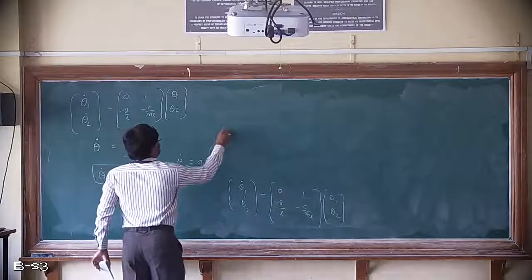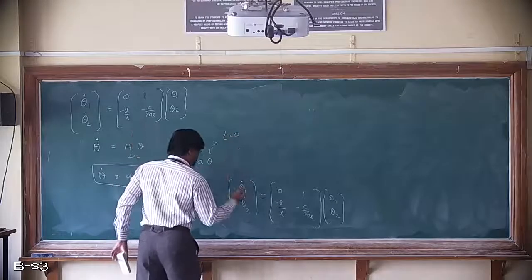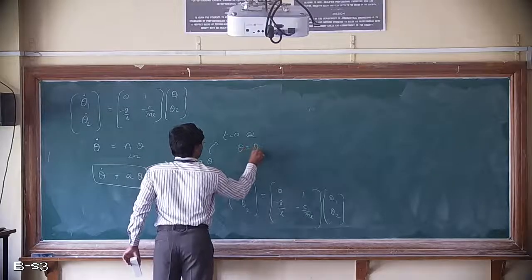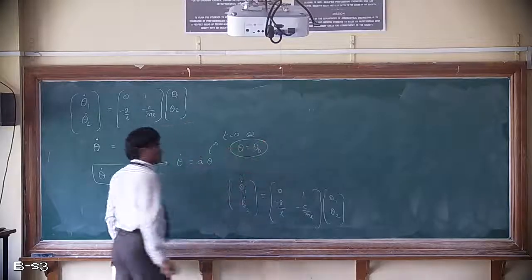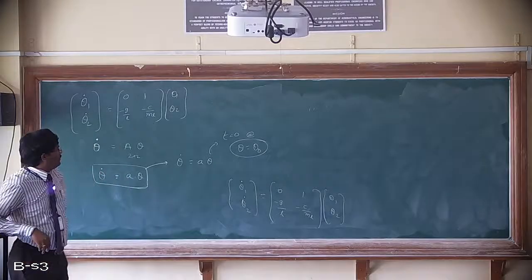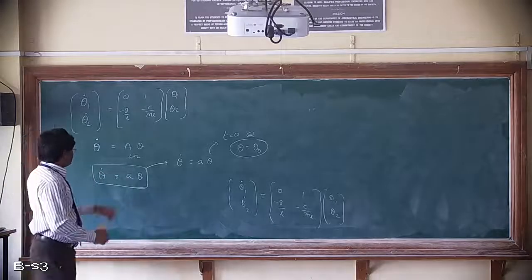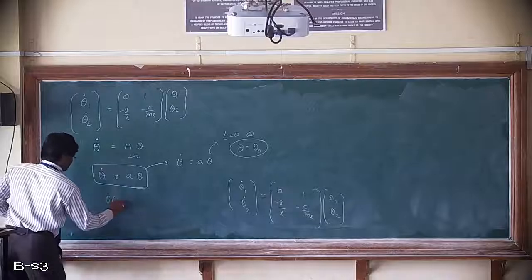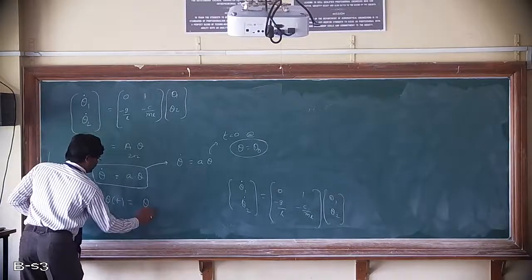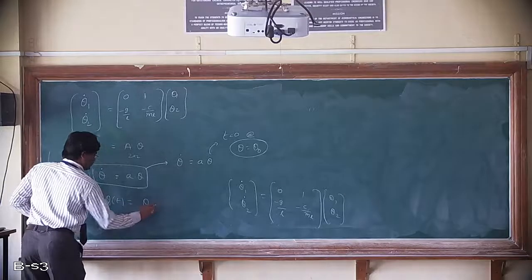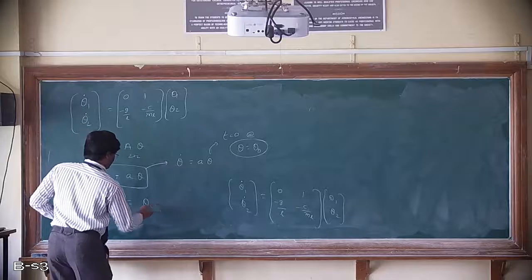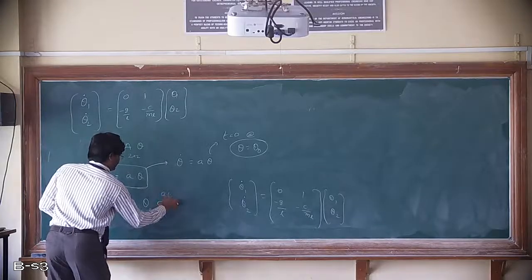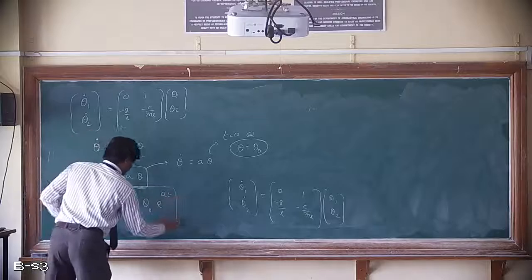So at t is equal to 0, I am assuming theta is theta naught. If you solve this equation, you will get theta of t is theta naught into e power at. You will get the solution.